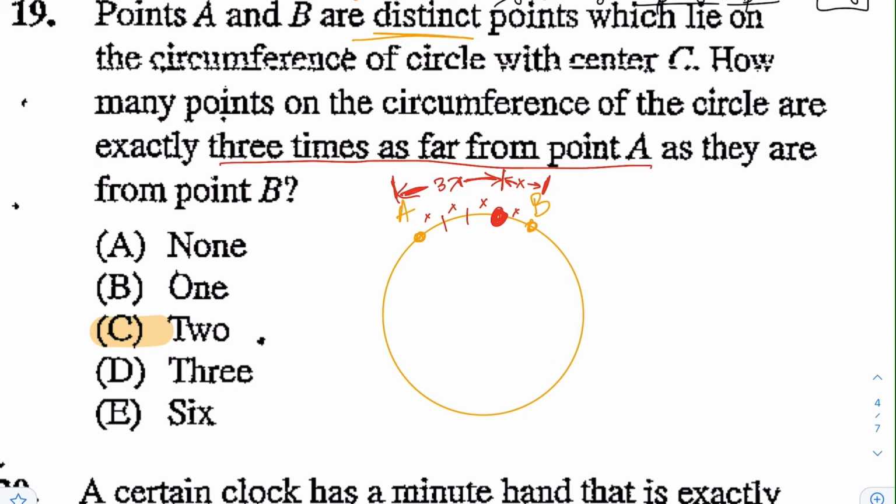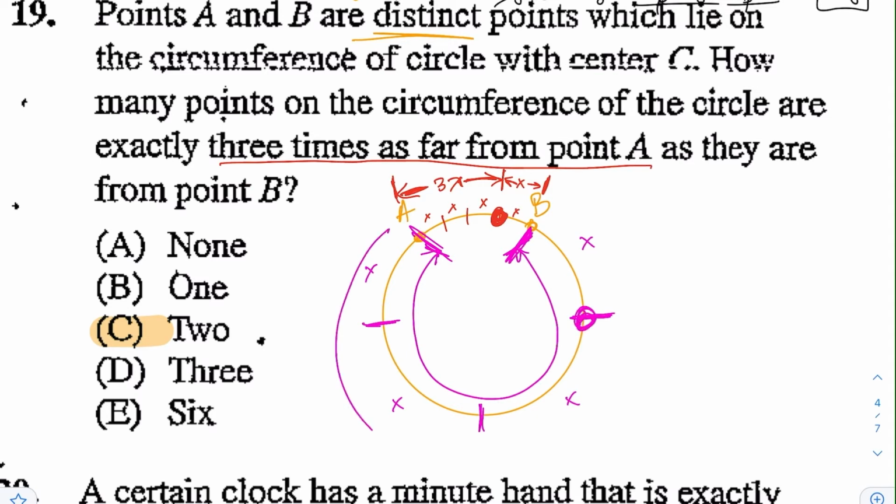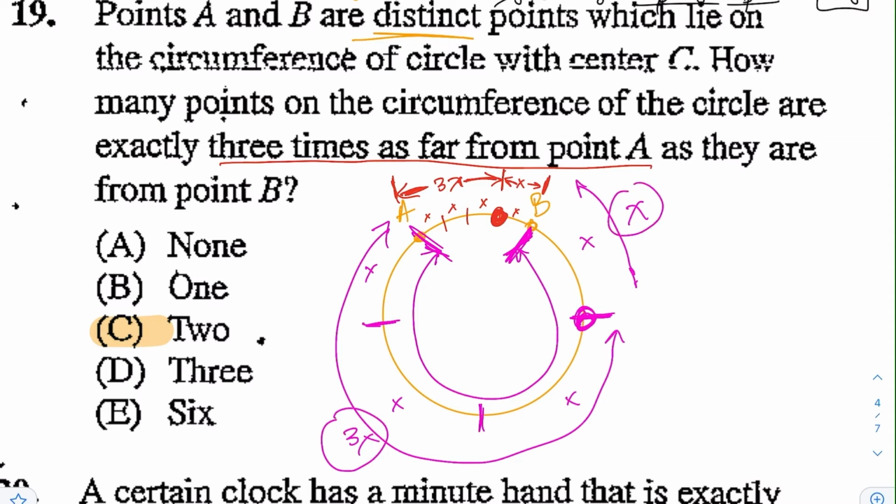So you split this other distance into 4 pieces, that would be about here. So that's x, x, x, x. This point over here would be 3x, whereas this point to point B would only be x. So 3x is again 3 times bigger than x. So there are 2 points here, one here and one here.